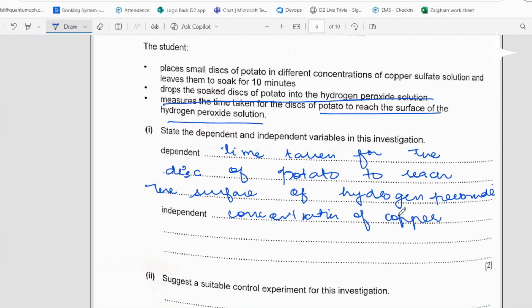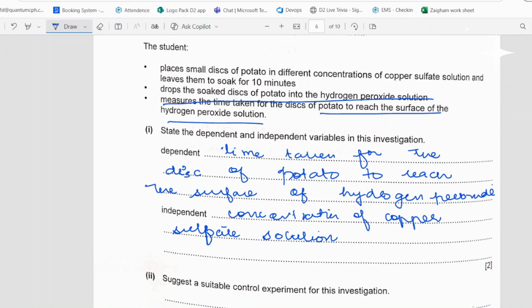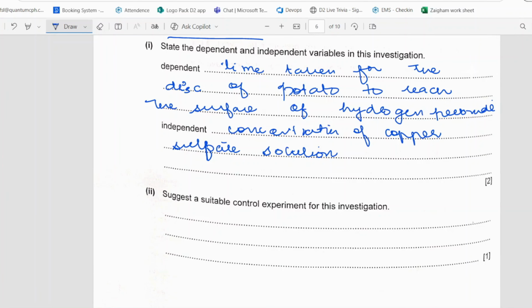Copper sulfate solution. What is the suitable control for this? You are testing for copper sulfate, so what can be your control? Instead of using a copper sulfate solution, you can use distilled water.